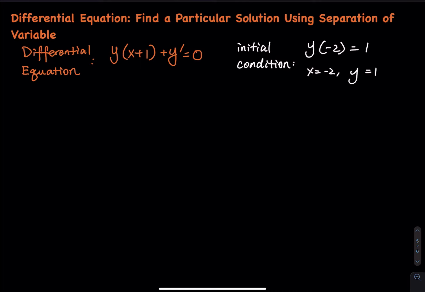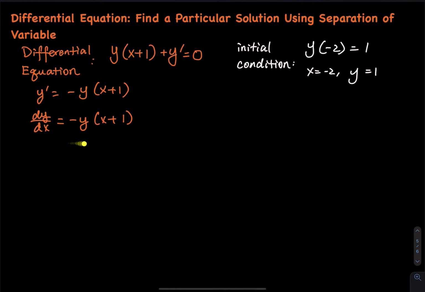So let's start. The first step is I am going to subtract y times x plus 1 on both sides. So I have y prime equals to negative y times x plus 1, and then we change the y prime to dy dx. That is equals to negative y times x plus 1, and then I will move the dx to the other side, so just multiply dx on both sides.